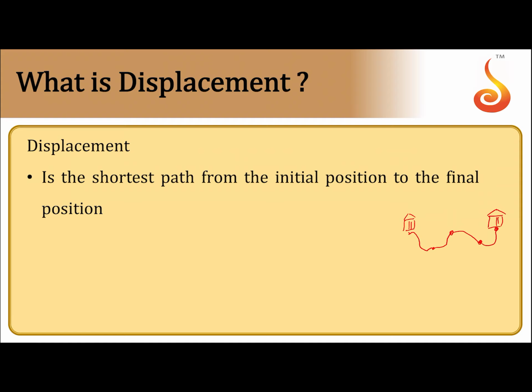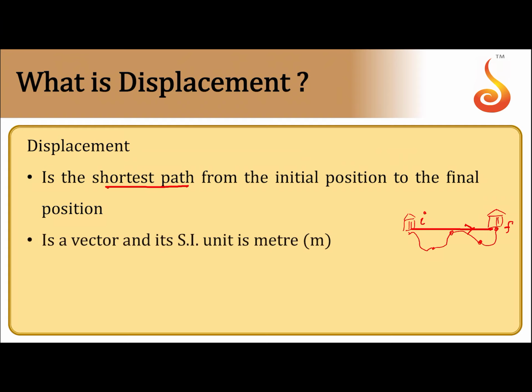Now, if you consider the straight line path from the initial position to the final position, this is what you call as the displacement. It is the shortest path from the initial position to the final position. It is a vector quantity. Why is it a vector quantity?